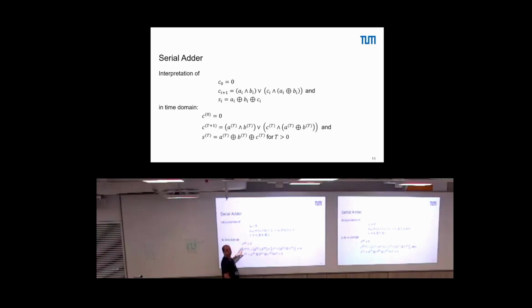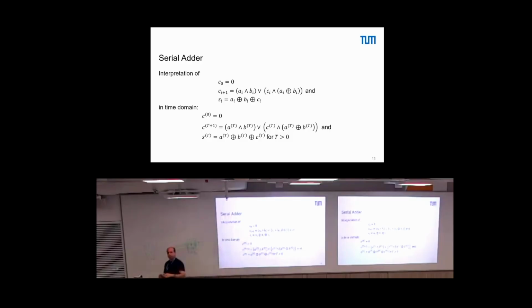Here we compute over time. In the first time step we compute the output for the first carry and sum, in the next time step the output for the next carry and the next sum bit, and so on. So for n bits, we need n time steps, instead of having n individual instances.